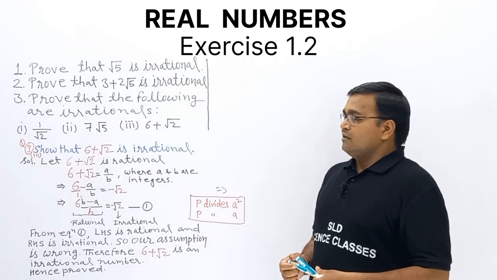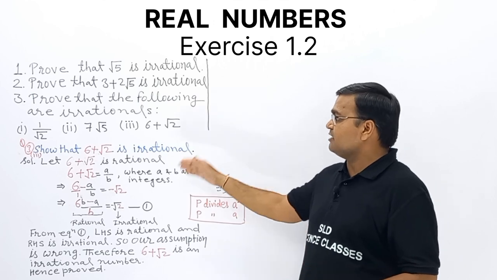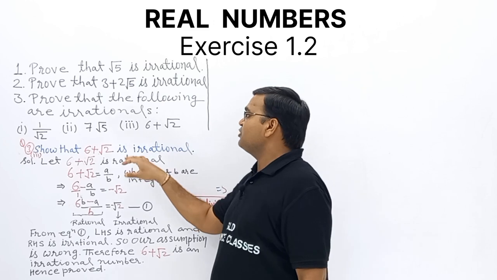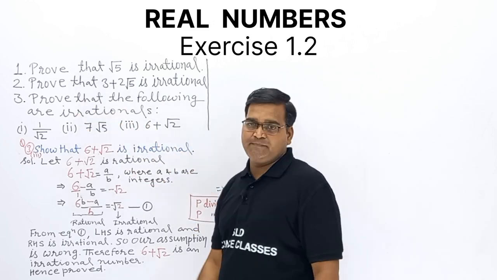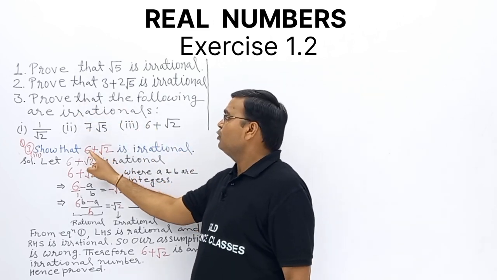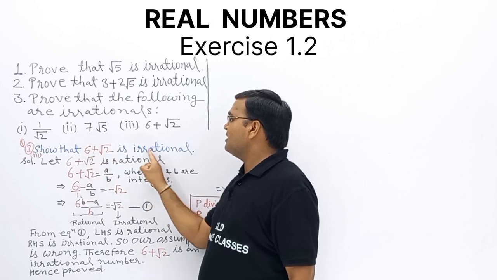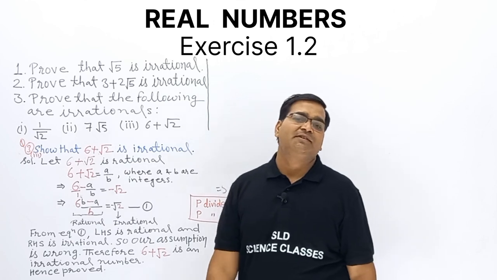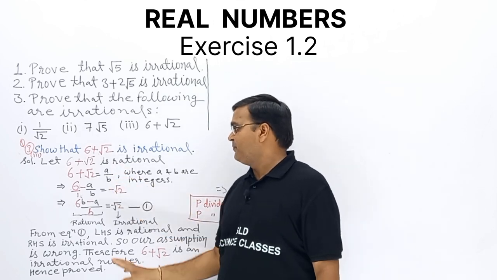Observe, I am doing some correction in the last example and solving this one. Question number 3, third one. We want to prove 6 plus root 2 is irrational. How will we solve? We assume this as rational, a upon b.